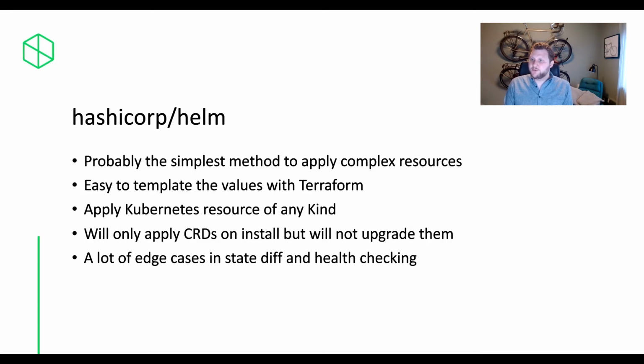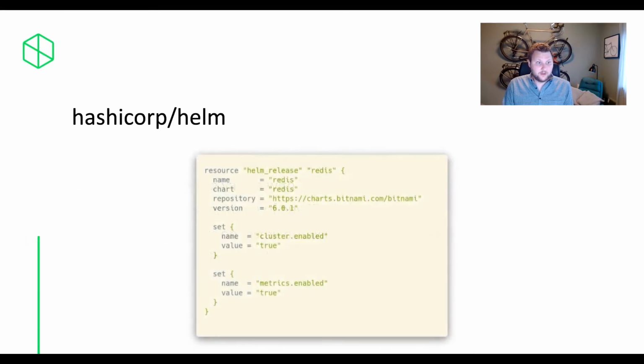From my own personal experience, I've seen a lot of issues when it comes to figuring out these types of weird edge cases, and they're more common than you'd expect. But this is how you would configure a Helm release in this case. So you have the name of the release, the chart name, and you have a remote source and a version of the chart, and you'd pass in some values for configuration.